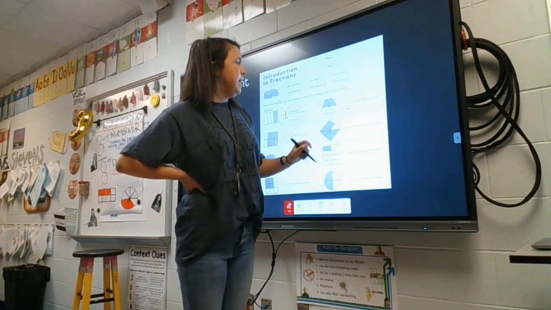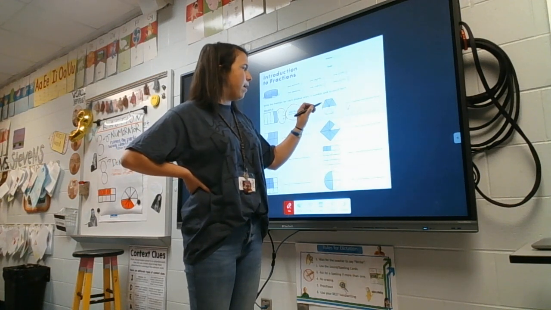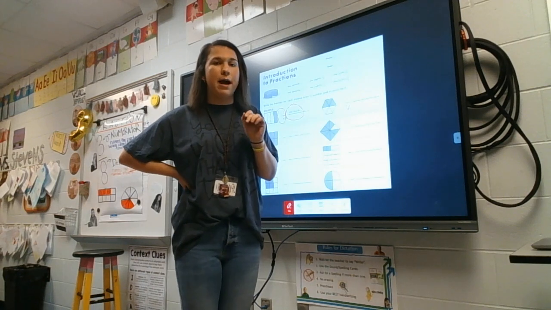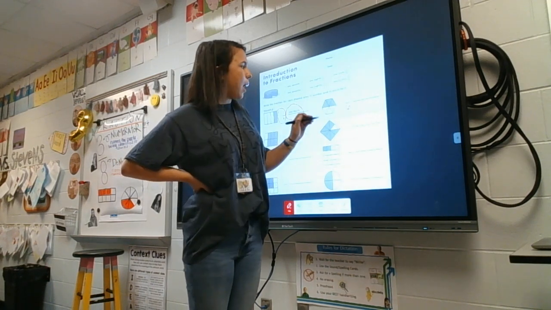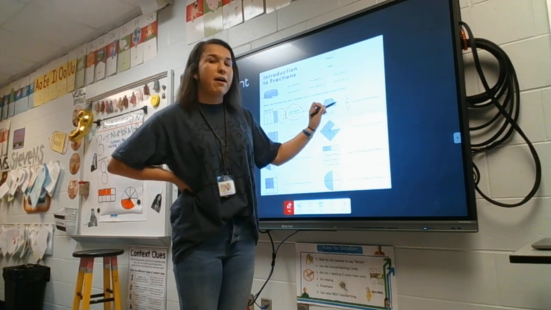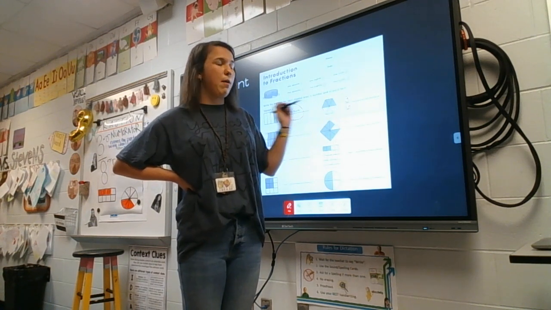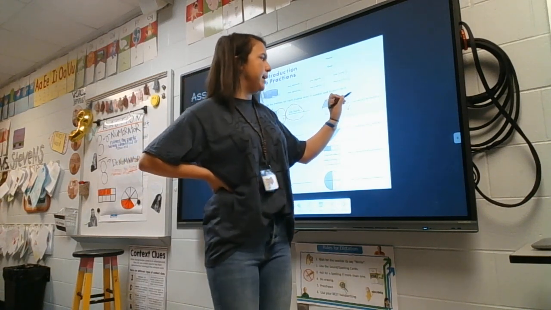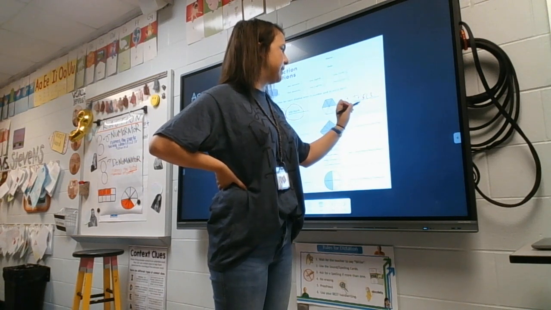All right. Now I need to count how many parts are shaded. Let's count. 1, 2, 3. So 3 parts are shaded, so is that my numerator or my denominator? It's my numerator. It's my top number. Okay, so I have my fraction part done. Now I need to write it out. How do I read this fraction? I read it from top to bottom. So 3, 6.